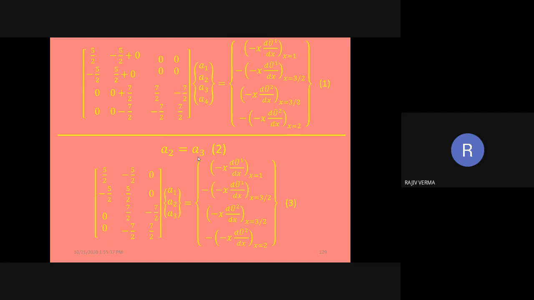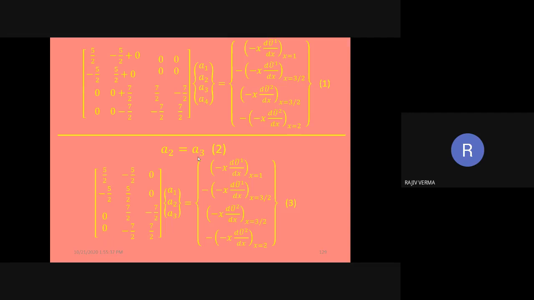And in a nutshell, this means that we are going to add equation number 2 and equation number 3 also.